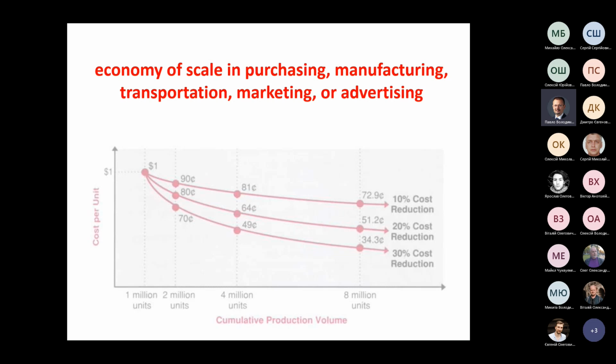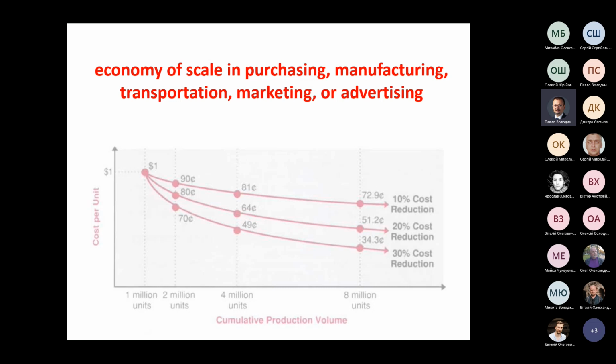So let's speak about two companies. The first company is producing and selling 1 million goods, and the second is producing 2 million goods. But you know that if you buy some raw materials in bigger quantity, you will have a better price. The bigger you buy, the better price will be for you. But it is only one characteristic.